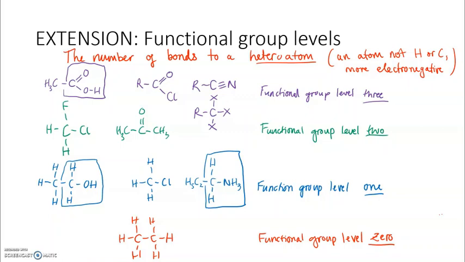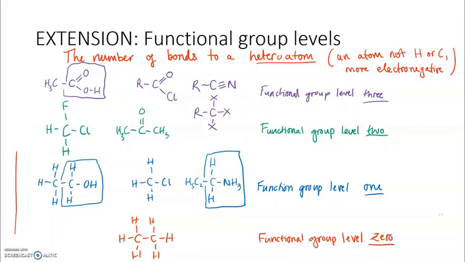Now, this is a really nice way of looking at oxidation and reduction in organic molecules, because you can easily identify the functional group level, and essentially this gives you a very quick way of assessing whether you've got oxidation or reduction.